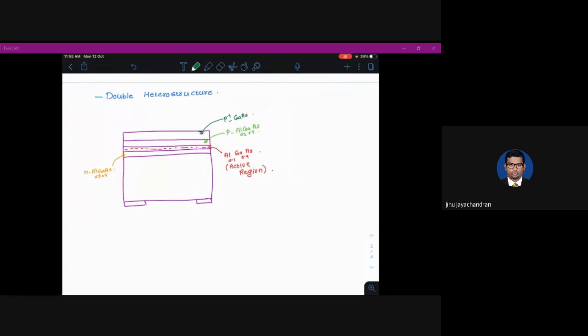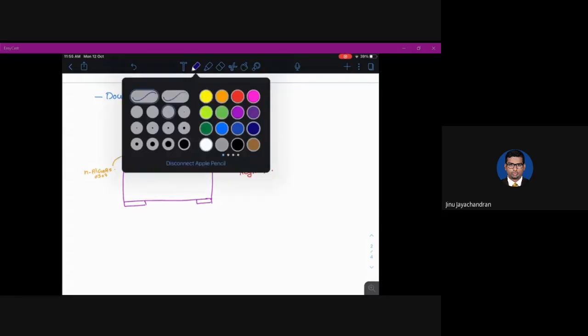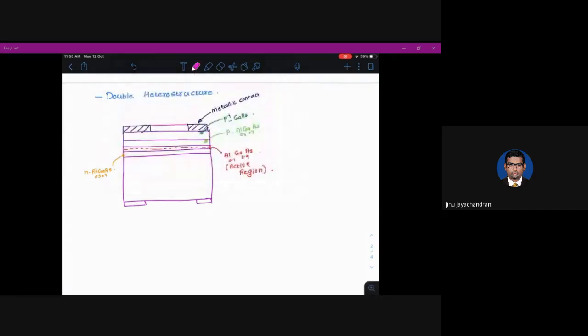And finally, you will have metallic contacts. There is a small space between this metallic contact, which will be filled with a dielectric. So this is actually a dielectric window.